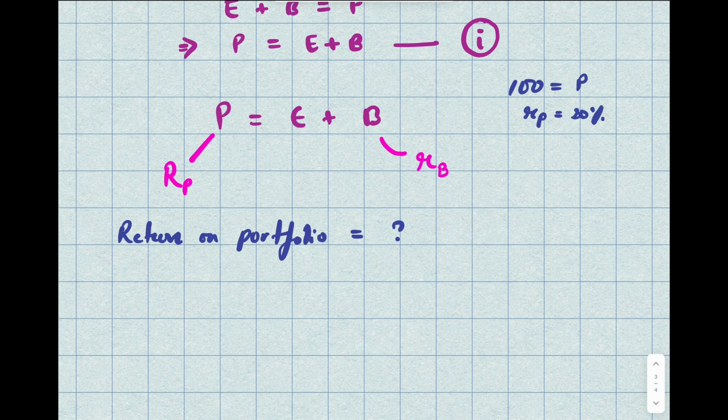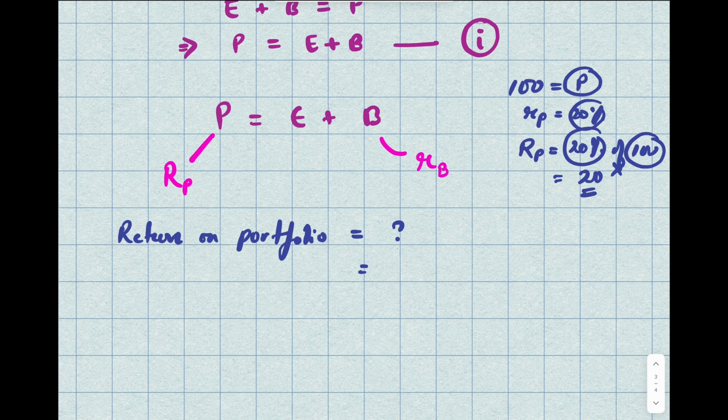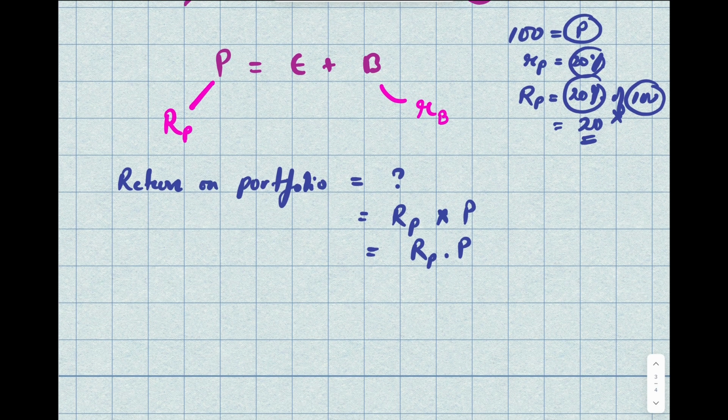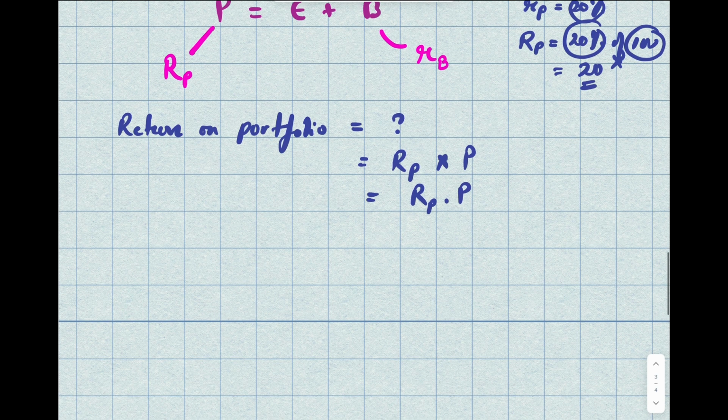So the return on portfolio would be 20% of 100, right? So 20 would be the return. So basically I'm doing 20% into 100, that is P. This and this I'm multiplying. So I can write return on portfolio as RP into P. Can I write it like this, or RP dot P? This is the return on the portfolio. Till this, I hope everything is clear.